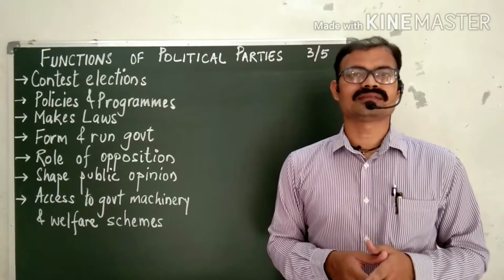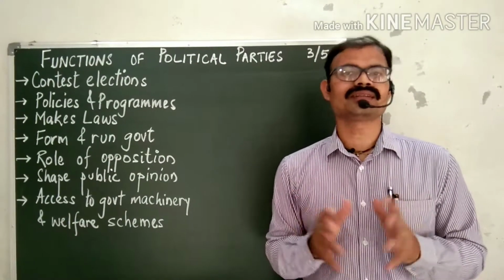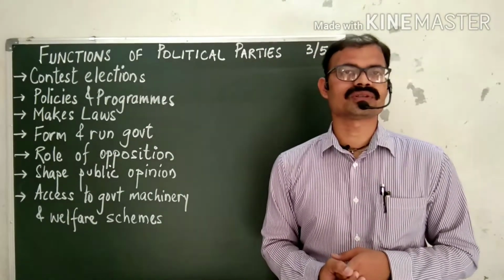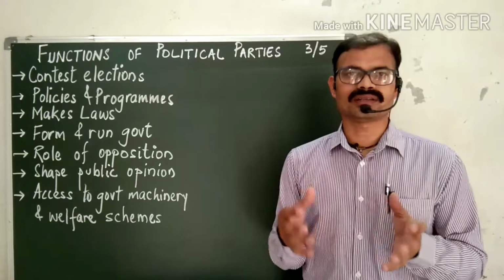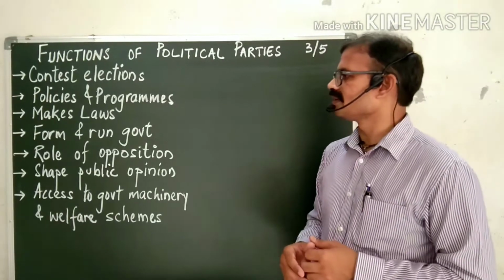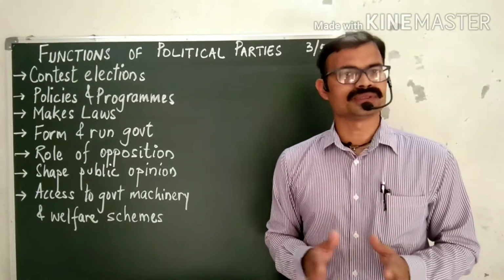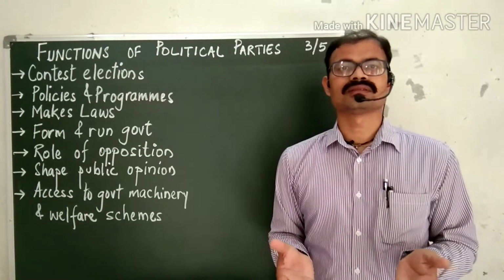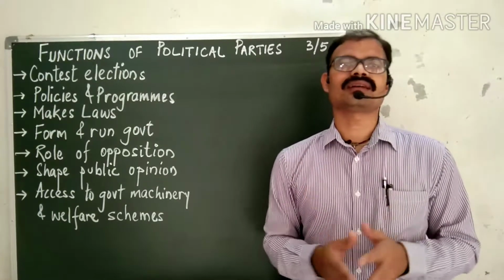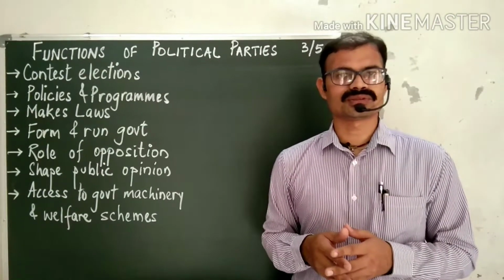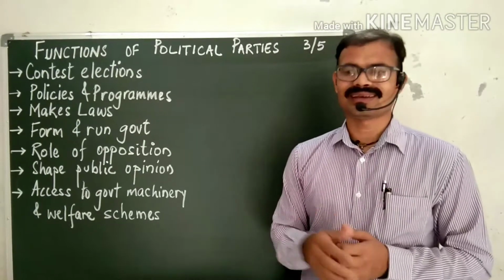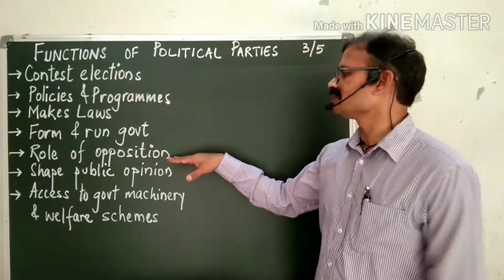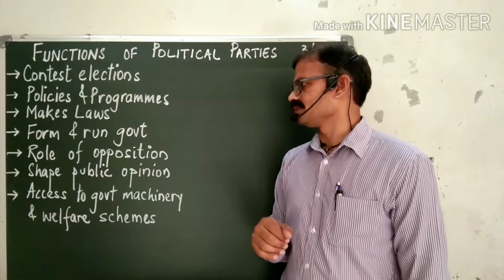The party that fails to get the majority but gets maybe the second highest vote or seats plays the role of opposition. At present, Congress, the party that got the second highest vote or seats in the Lok Sabha election 2019, and supporting parties, that is UPA, is playing the role of opposition.